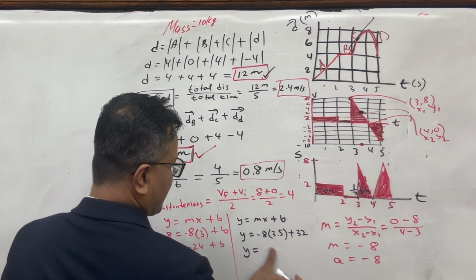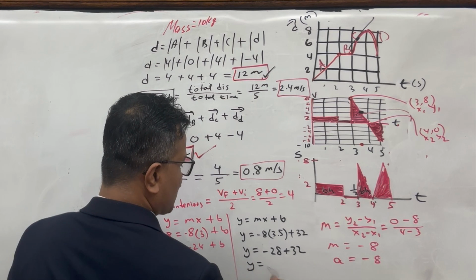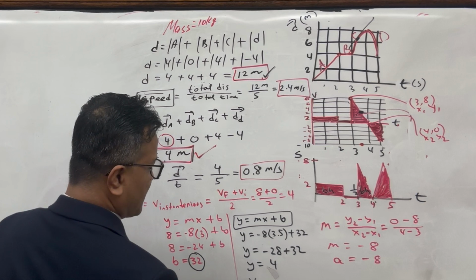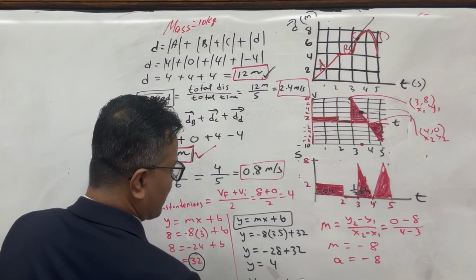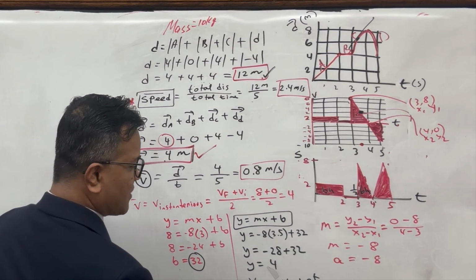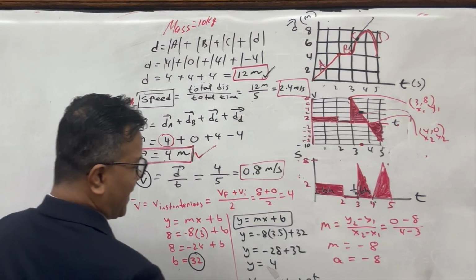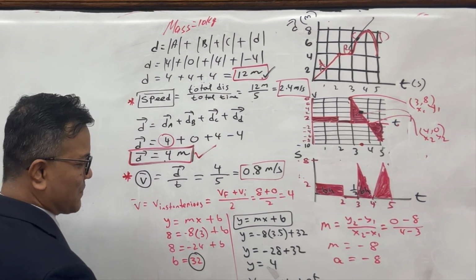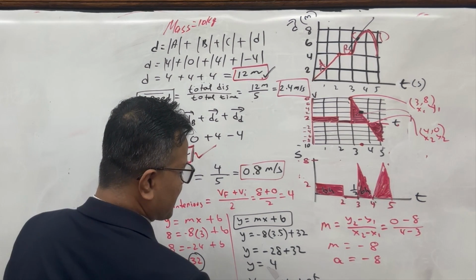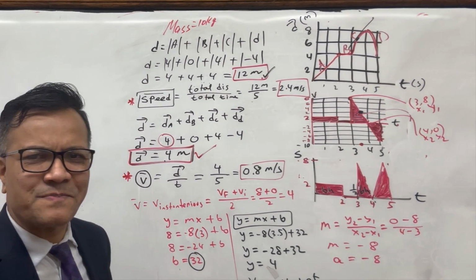Negative 28 plus 32, yeah. So that gives you 4. Why is that? Because if you discover this formula, it's Vf equals Vi plus at. Vf is what you find at 3.5 seconds. Vi is your y-intercept, 32, minus 8 times 3.5. Okay, so you see the connection.